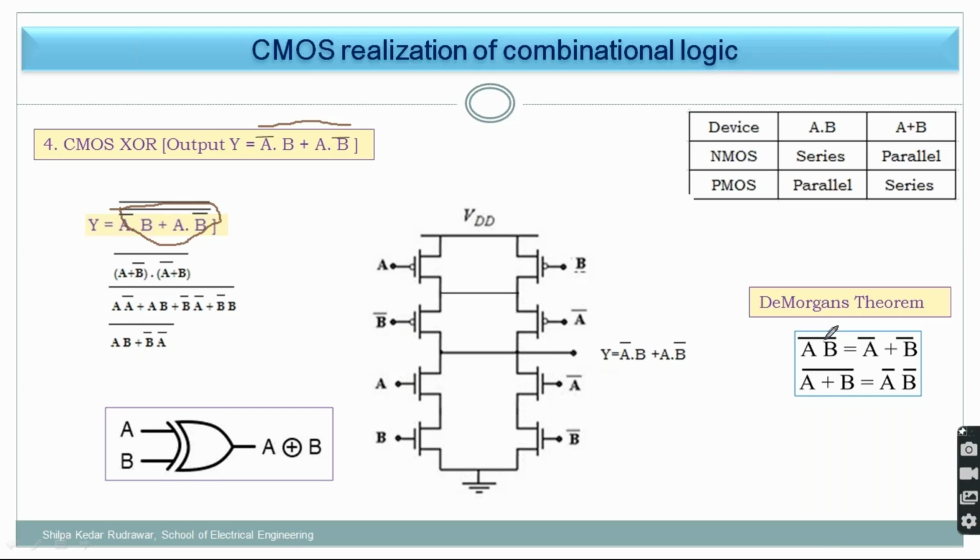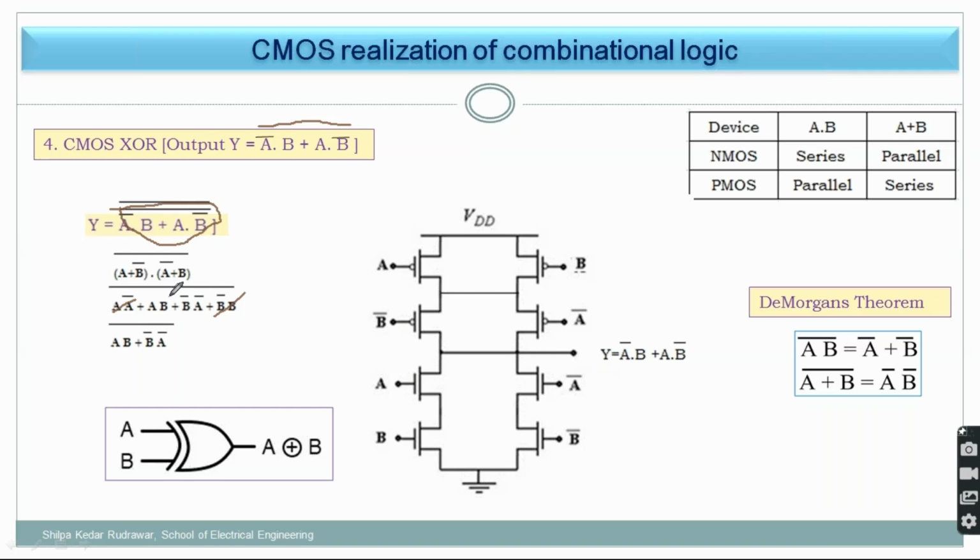I am just repeating: complement of product equals sum of complements, and complement of sum equals product of complements. The same way you need to solve, and after solving, this will get cancelled with this, 1 and 1 bar, that is 0 into 1, and you will have this particular thing. Again you will see this particular structure.